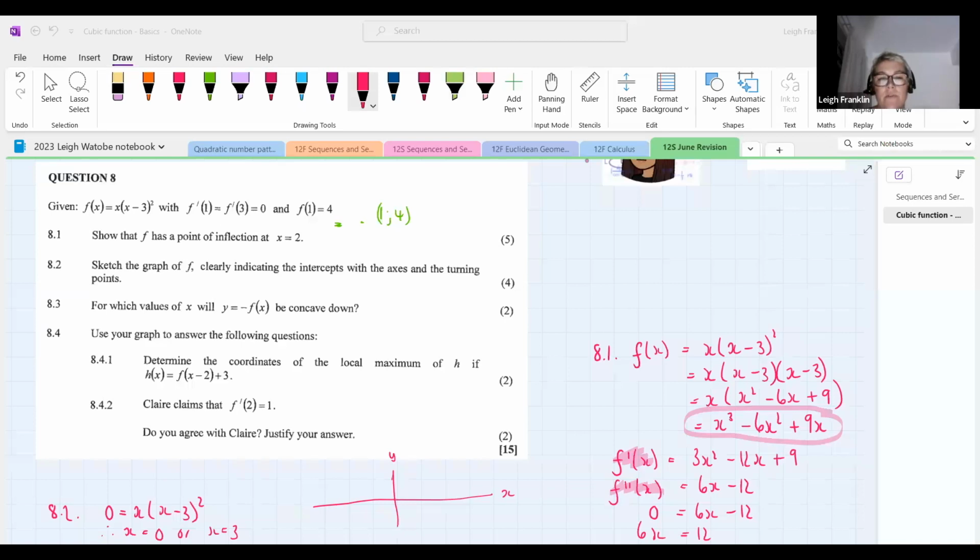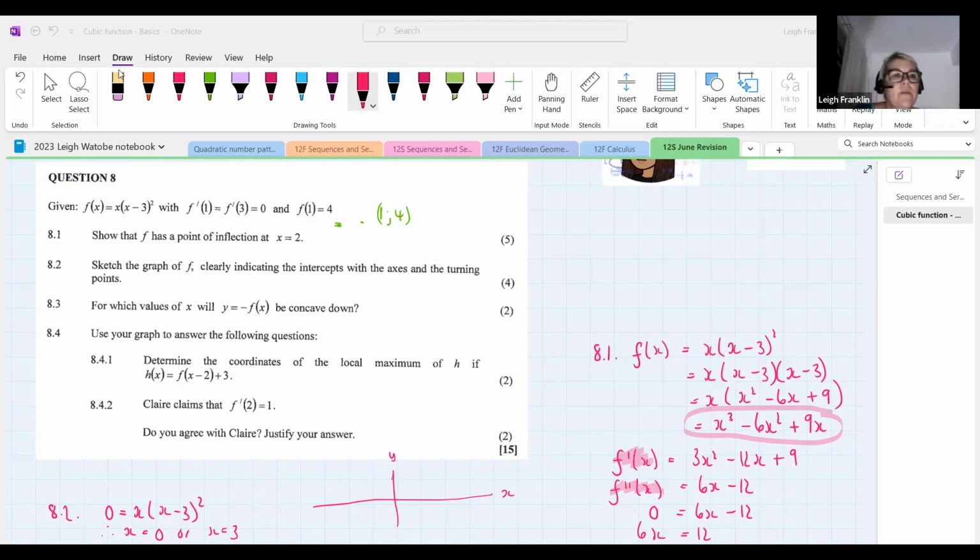All right, good stuff, everybody. So I assume that's 8.1 and 8.2 that you guys are finished with. In terms of the shape of your function, what shape was your graph?